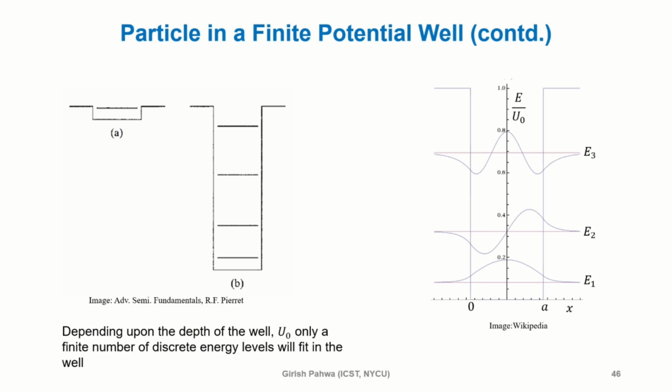It's half mv square, a positive number. Classically it's a forbidden region, but quantum mechanically it is possible. Quantum mechanically the particle can leak into these classically forbidden regions. Even if the potential energy is higher than the total energy, the particle can still exist in this region.